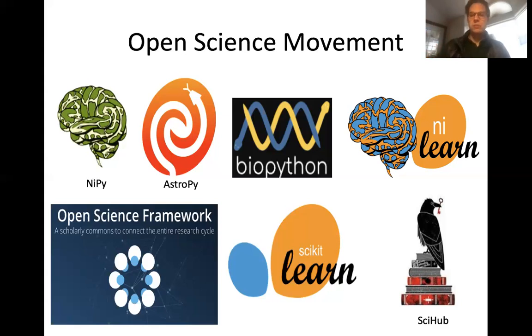It's smaller than the Python-based community. Still, I would say of all the languages, probably MATLAB is still one of the dominant languages in neuroscience, neuroimaging in particular, just because MATLAB has such a first mover advantage.